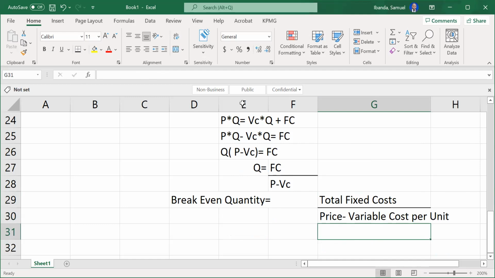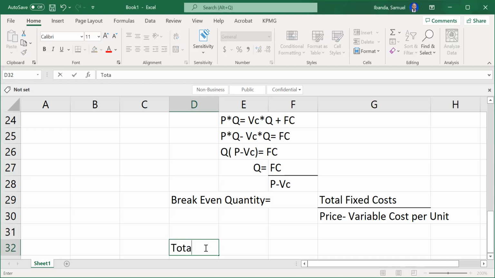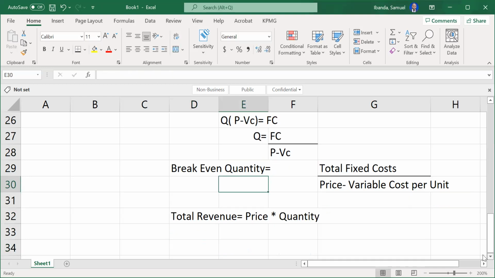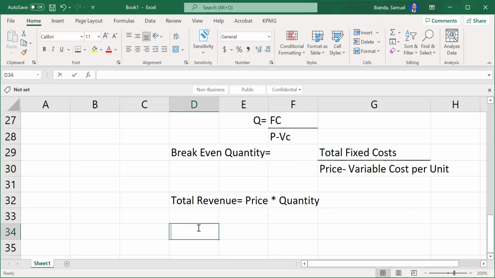There's something else you also need to know. Remember, we say that our total revenue is given by price times quantity. So if you ever want to determine the break-even quantity, this will always be given by this.